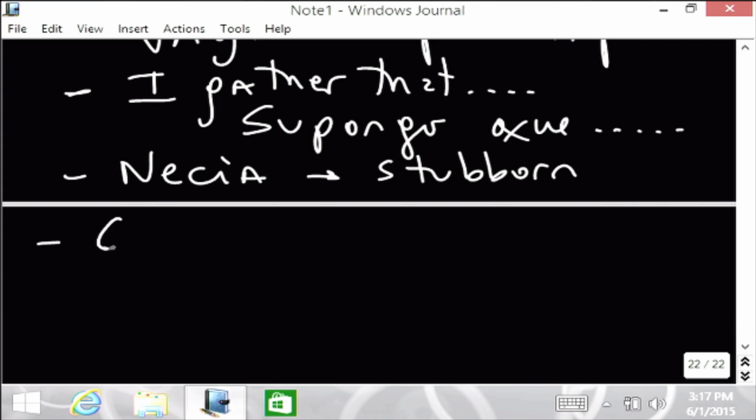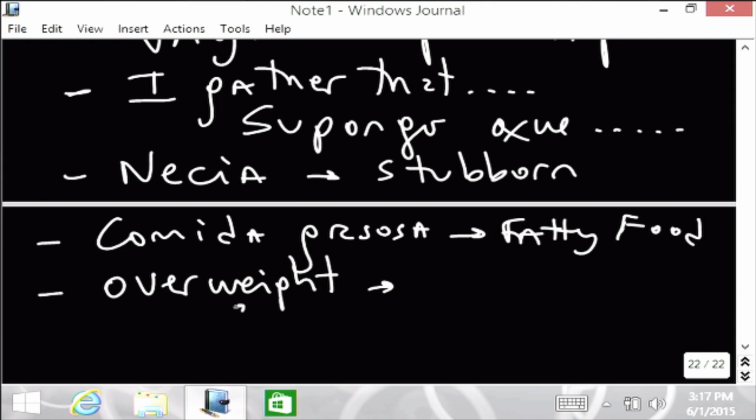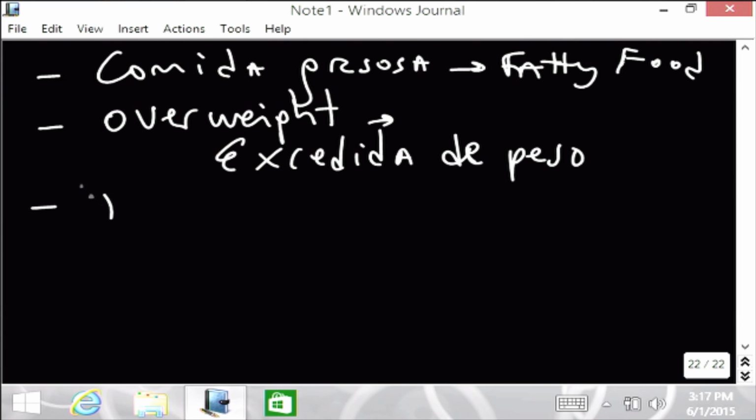Comida grasosa. Fatty food. Overweight es excedida de peso. No gorda o gordo. Okay. Y Dios mediante, God willing.